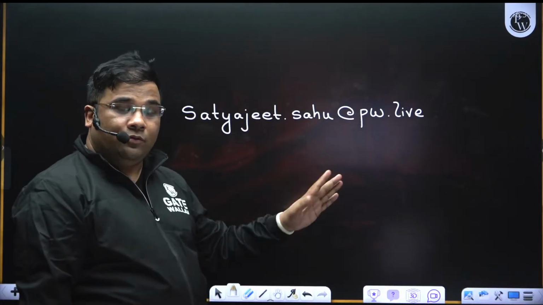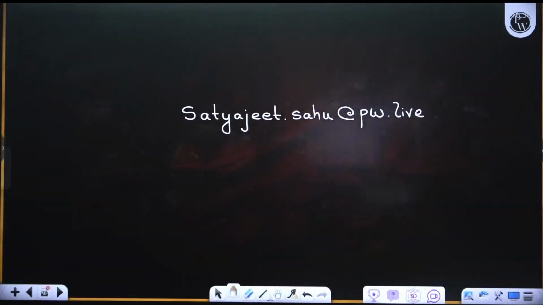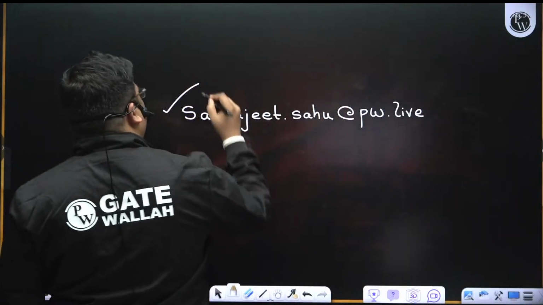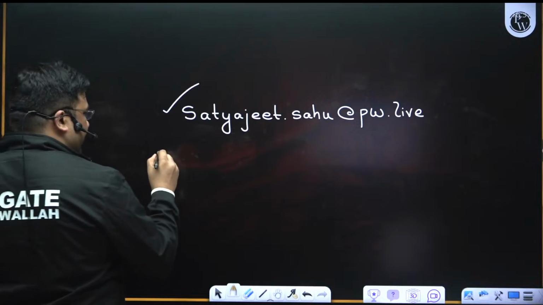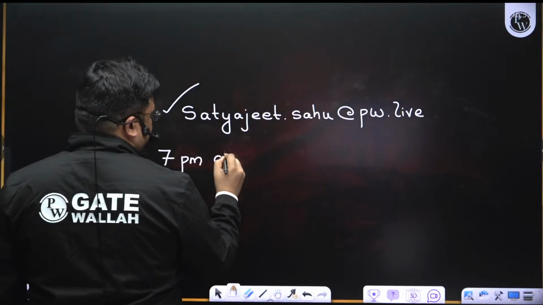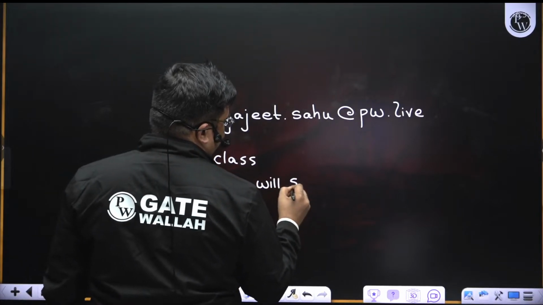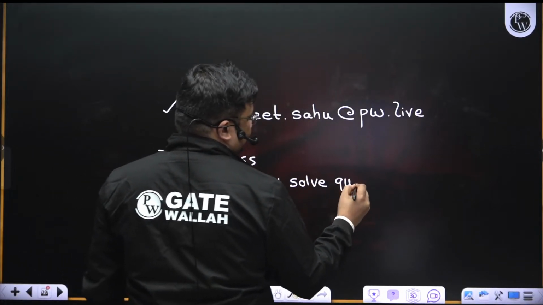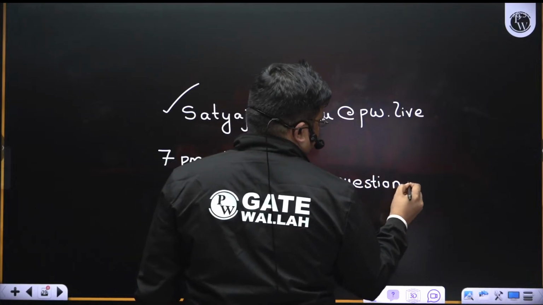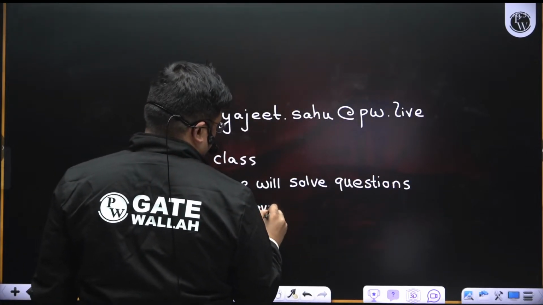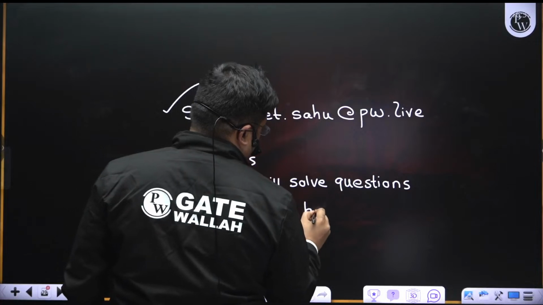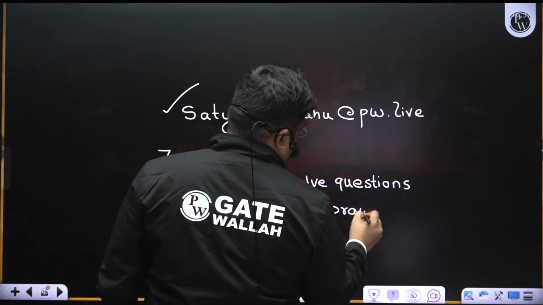The question sent by you, what is the name of that gentleman? Praveen, Mr. Praveen. Okay. So Mr. Praveen, please send the questions which we will solve in the 7 p.m. session.